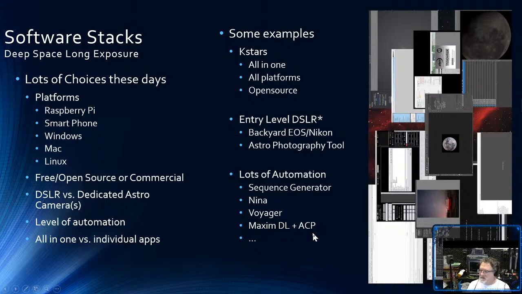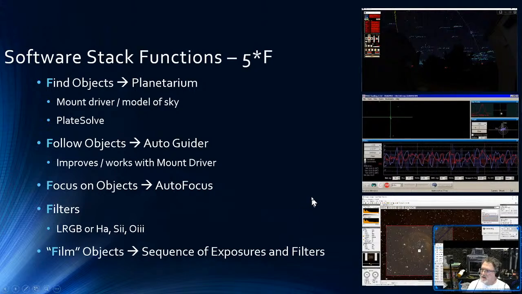The professional observatories, iTelescope.net and Telescope Live and other things that are built to be remotely operated, are probably running Maxim DL and ACP. But that's a high dollar item compared to some of these other things, but possibly has more capabilities. But there's many, many more. So that's just an example.